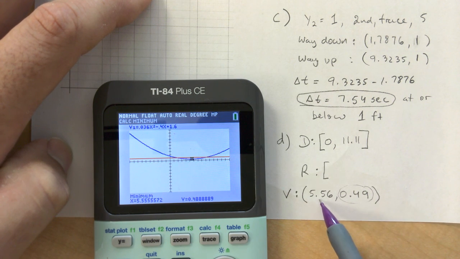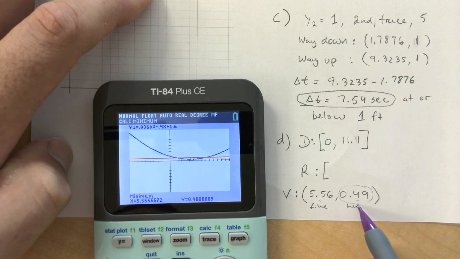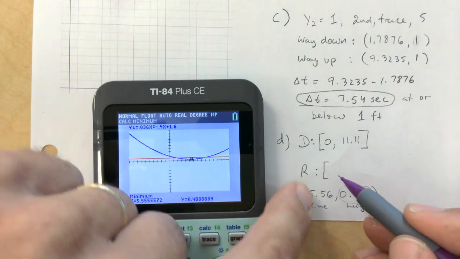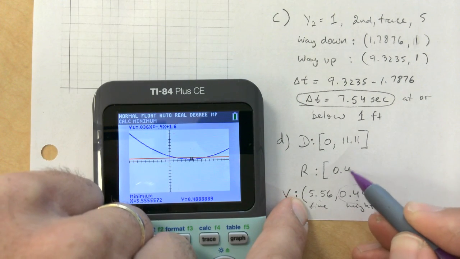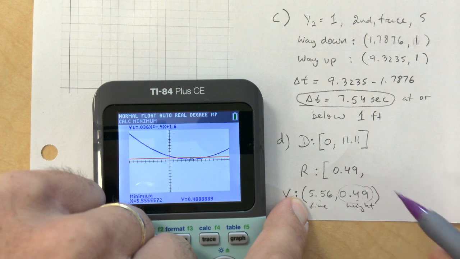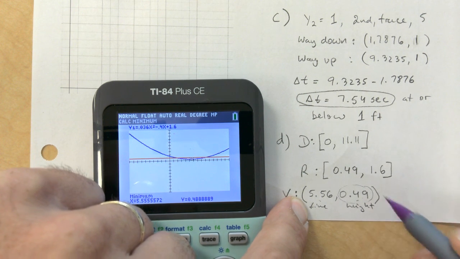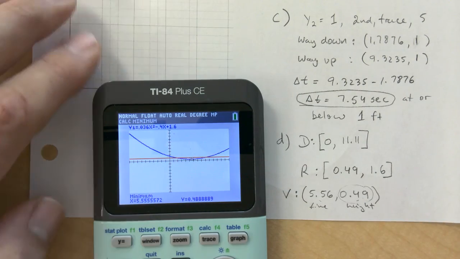It happens after 5.56 seconds, but this is the height it reaches, right? Time, height. So this is what you're going to put down here. And notice that I'm going to start with the lowest value and end with the highest of the two. You have to, the order matters, okay?